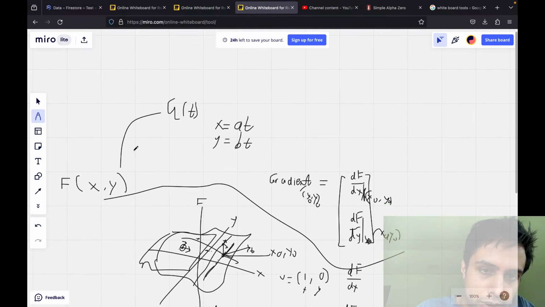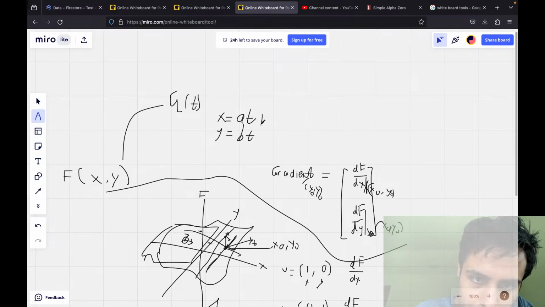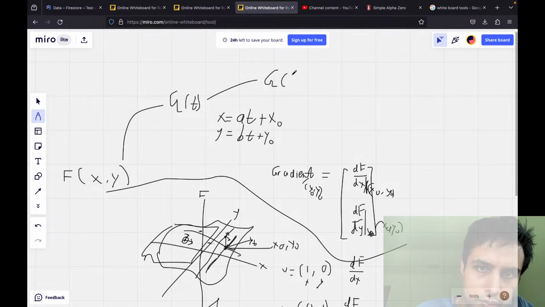So the idea is we have x equals a t, so when t equals 0, plus x naught, that's why I introduced these naughts, and y equals b t plus y naught. Basically what we want to do is solve for g prime of 0.